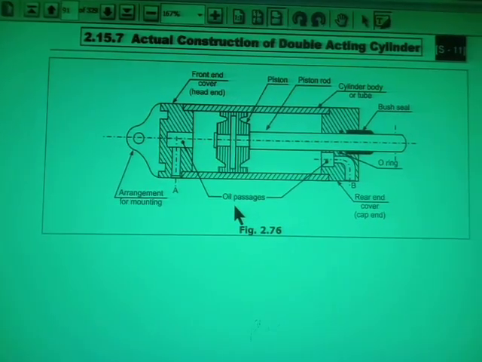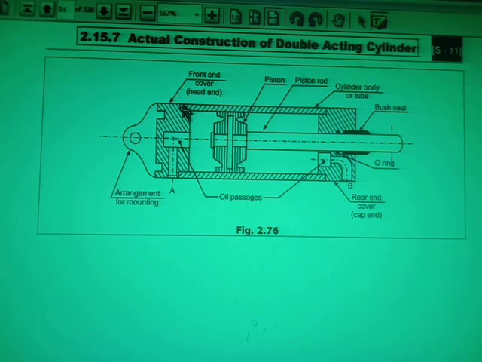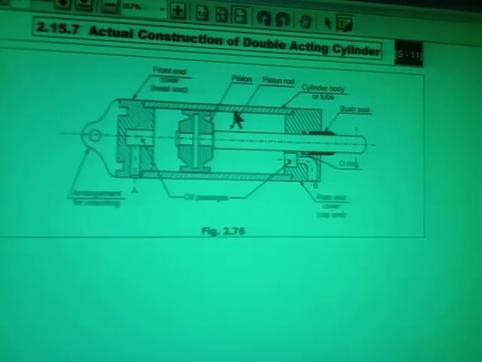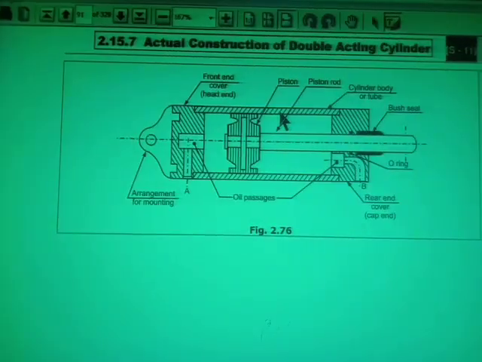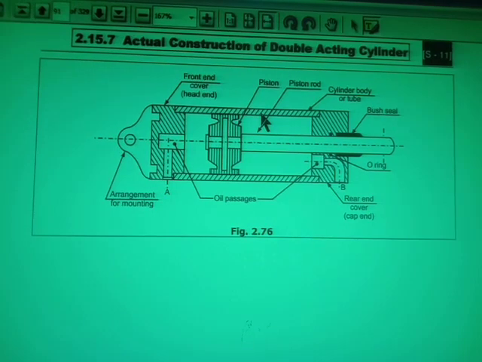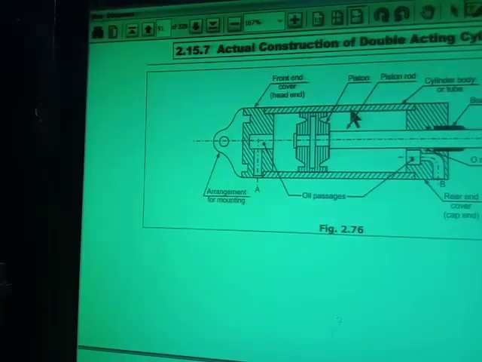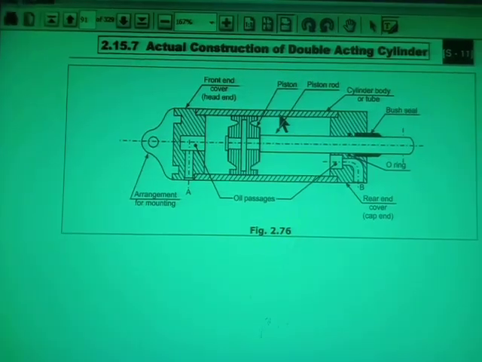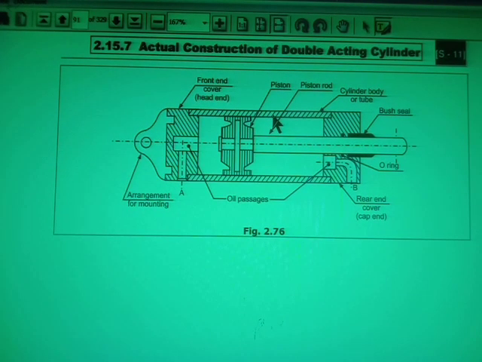Now let us see what the important parts are here. This is the cylinder body, also known as the tube. Two parts are attached to the cylinder.